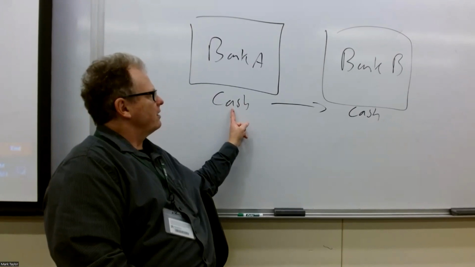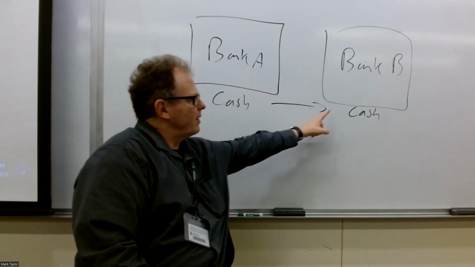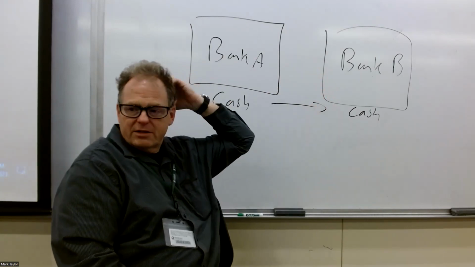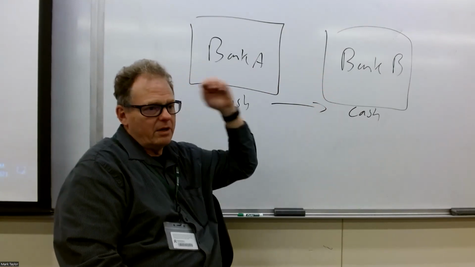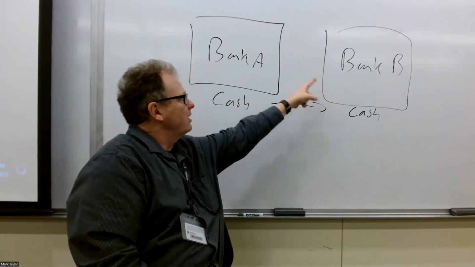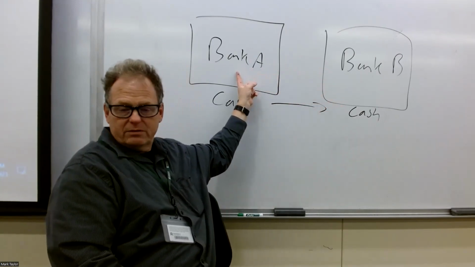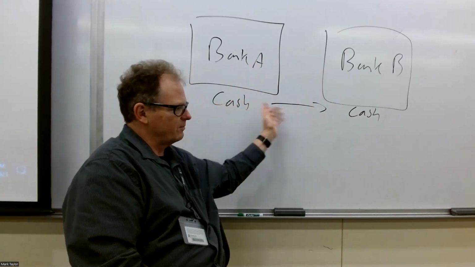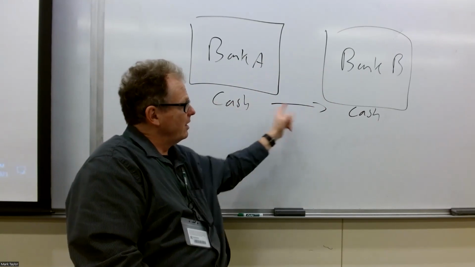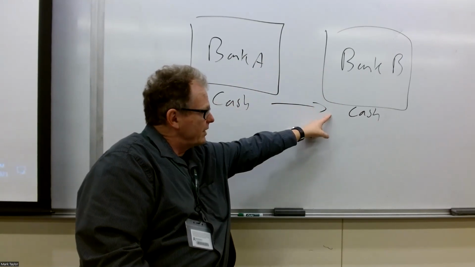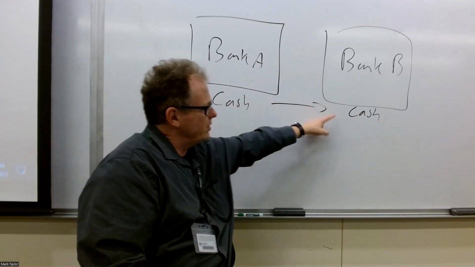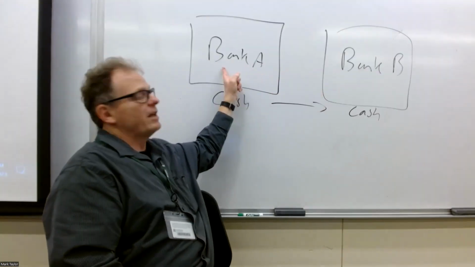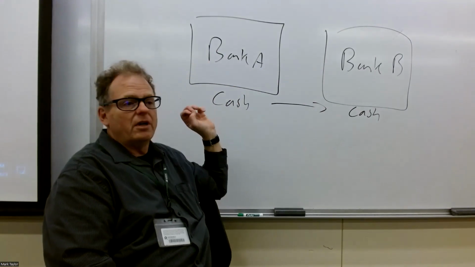If you write a check from bank A and deposit it in bank B, bank B is going to recognize it probably pretty quickly. Until the check clears, bank A won't know about it until it goes through the checking system. It's much faster nowadays, but if you make a deposit from one bank account to another, it's going to take some time before the bank you wrote it on is going to know.